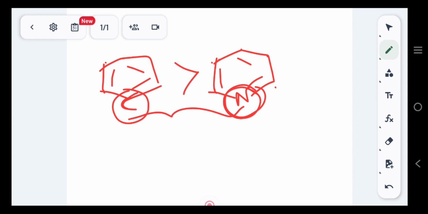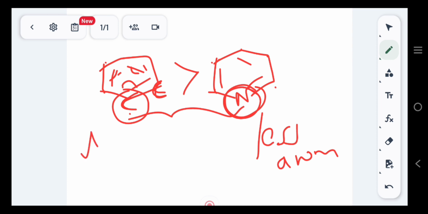Nitrogen is more electronegative, so it will try to pull the electrons towards itself and it will not have proper conjugation. As a result, it will be less aromatic. But in benzene all are carbon atoms, and there is not much electronegativity difference between carbon and carbon, and hence it can involve in conjugation. If it involves in conjugation, then that compound will be aromatic. Hence, benzene is more aromatic when compared to pyridine.